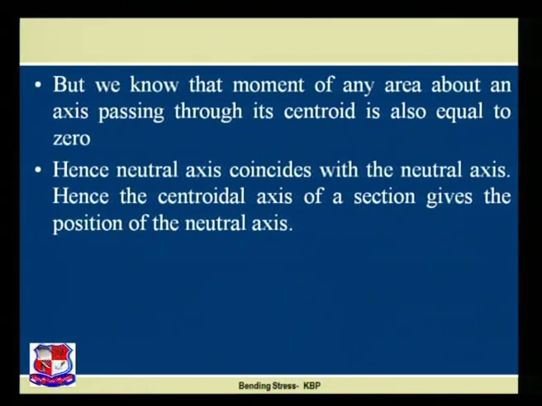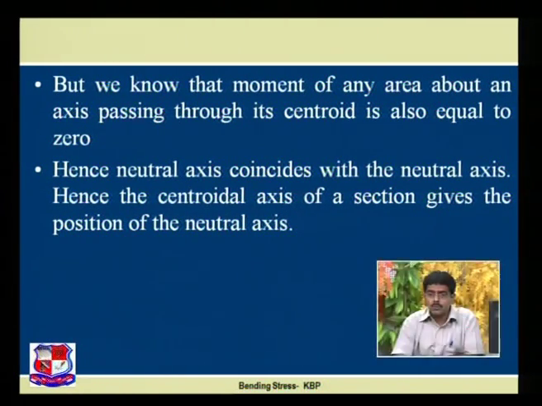But we know that the moment of any area about an axis passing through its centroid is equal to 0. Remember this once again. Moment of any area about an axis passing through its centroid is equal to 0.